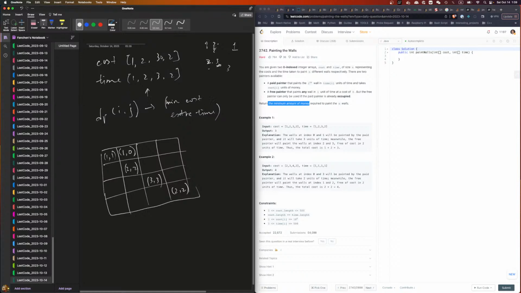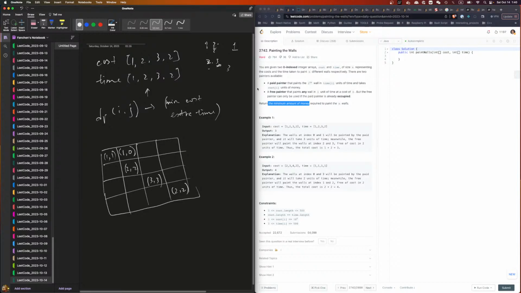Then you will want to, it doesn't feel right. It doesn't feel right. Yeah, and if you take 2, then definitely what you want to do, not necessarily, that's the thing, right? I was going to say you want to have the free painter paint the wall with the highest cost.